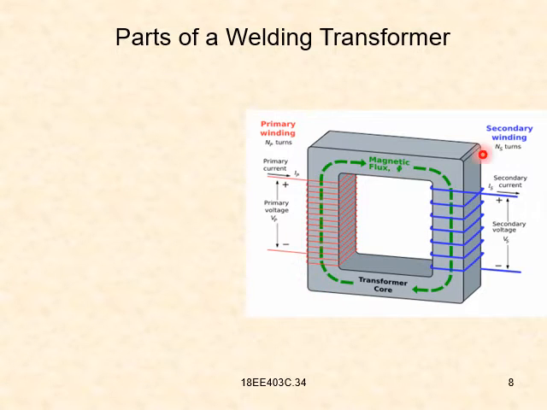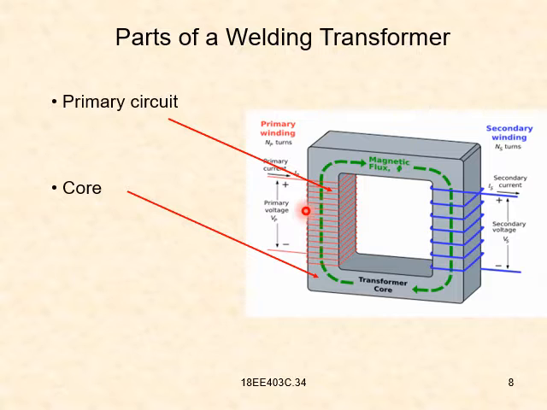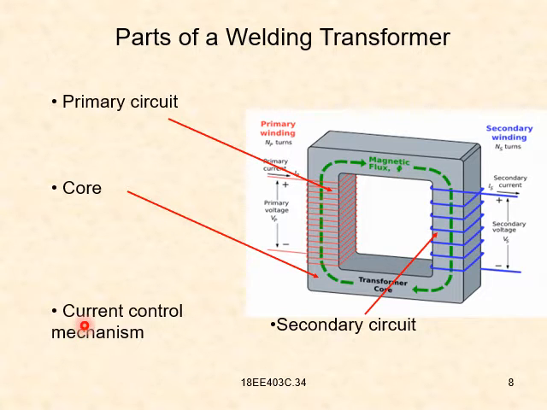In general, there is a transformer with a core, a primary winding and a secondary winding. So this is the primary winding, this is the core, and this is the secondary winding. It's a current control mechanism.